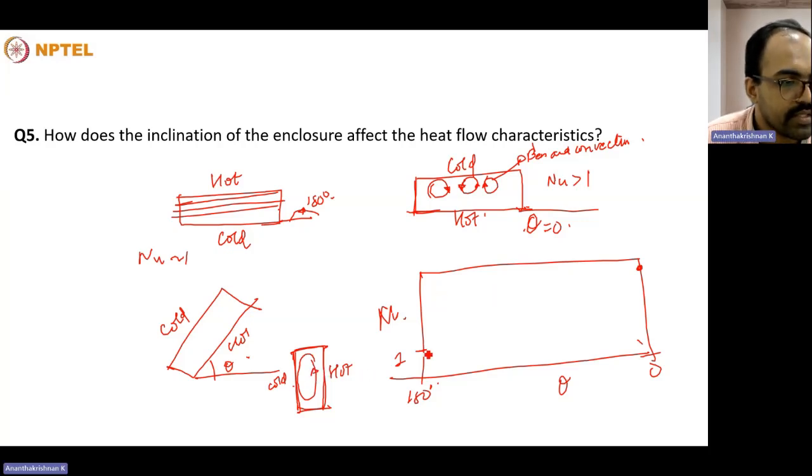So we could say that when we tilt the enclosure from 180 degrees to 90 degrees, to a vertical orientation, Nusselt number increases.